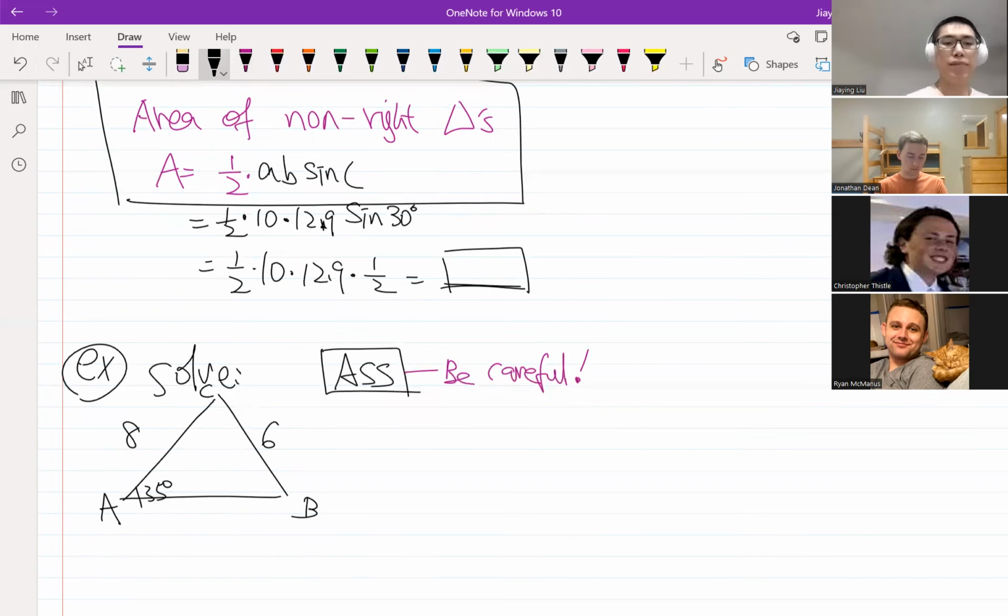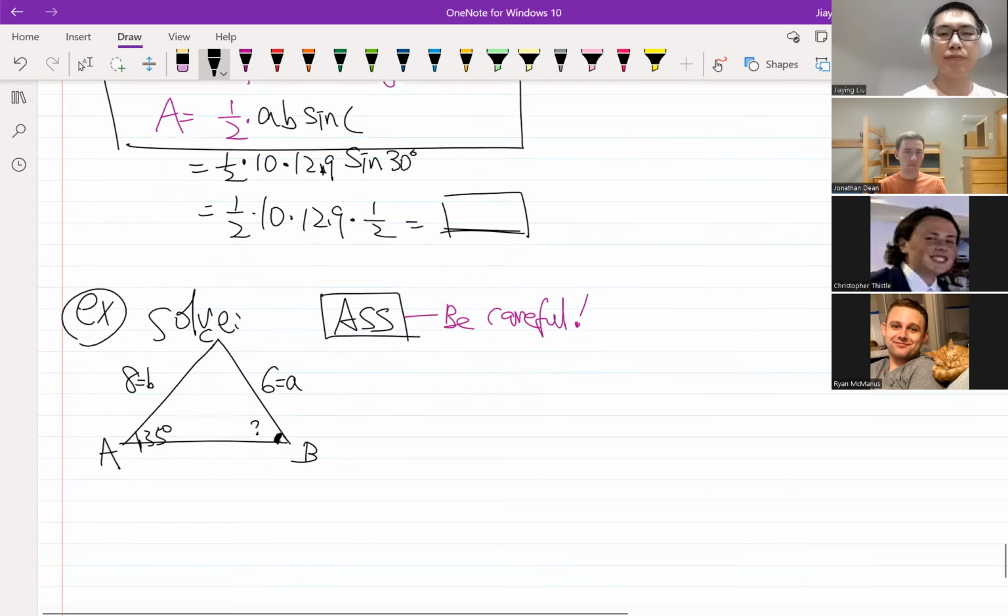Perhaps we can use them to figure out another angle. We have A, and the side opposite from A, which is 6. We have 8 as one side, but that's opposite from angle B. We don't know what B is. So lowercase b is 8, but we don't know the angle B. So let's find it first.